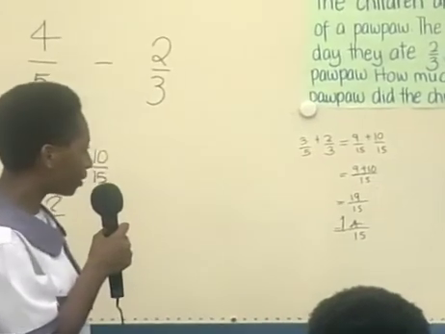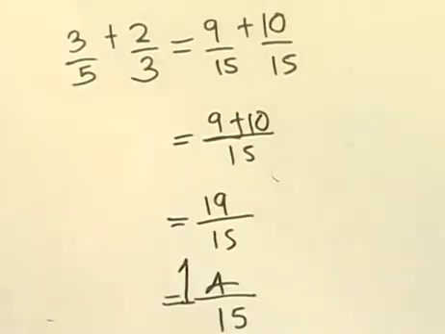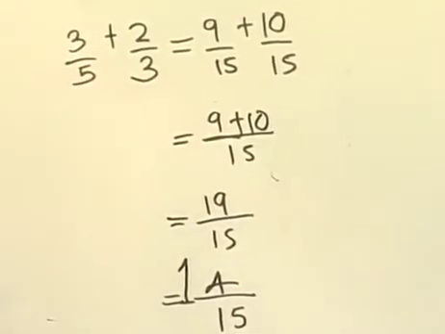First, you have to find the lowest common denominator for 5 and 3. The lowest common denominator is 15. And then you divide.